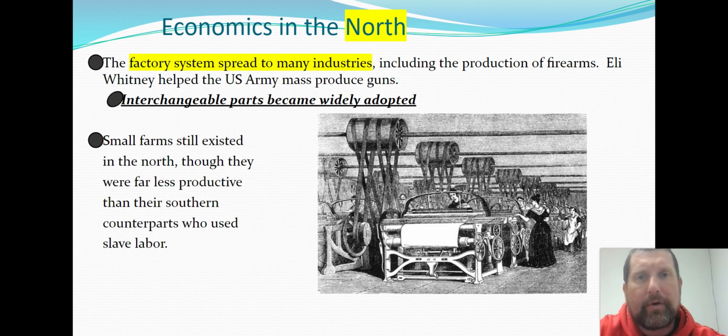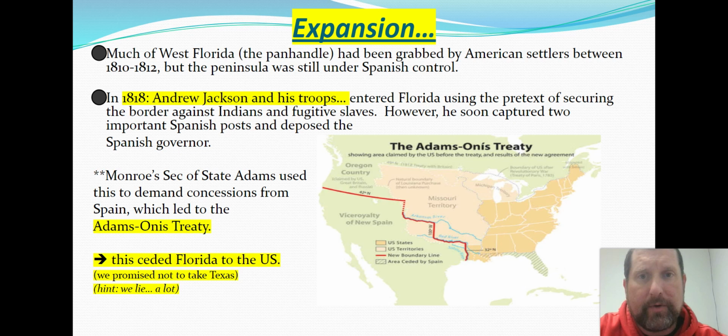This is the birth, if you will, of the assembly line. So what we're witnessing is a widening in the disparate growth and the diversity of economic activities between the North and the South in the United States.